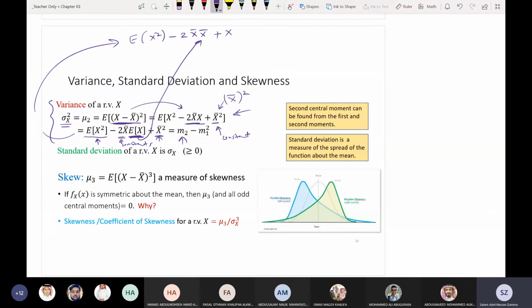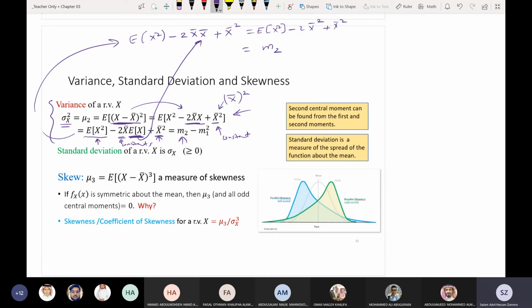So here, minus 2 x bar x bar plus x bar squared. So what do we have here? We have the expected value of x squared minus 2 x bar squared plus x bar squared. What does this give us?